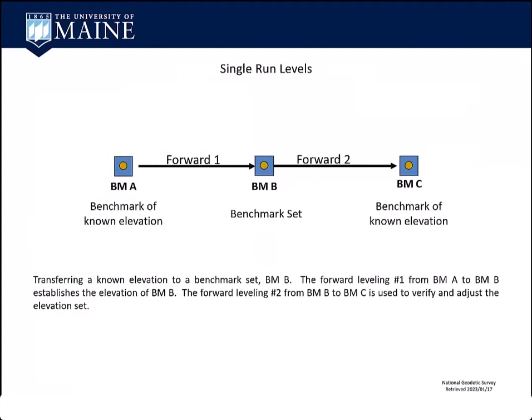So single run levels can be run through a benchmark you want to set. If you just go from benchmark A, which is known, to set B and call it a day, you have no way to know if you made a mistake.